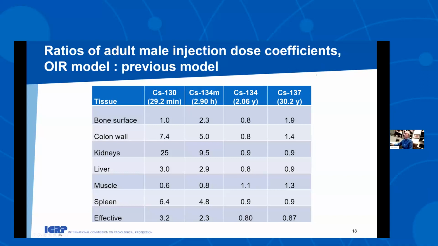So we don't get great differences in dose estimates for cesium-134 and cesium-137, because in the old model, uniform distribution in tissues was assumed. In the new model, it's not too far from uniform distribution. The main difference being that the concentration in muscle is much higher than in other tissues.